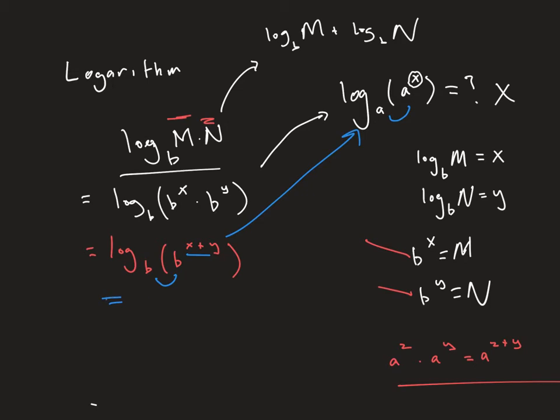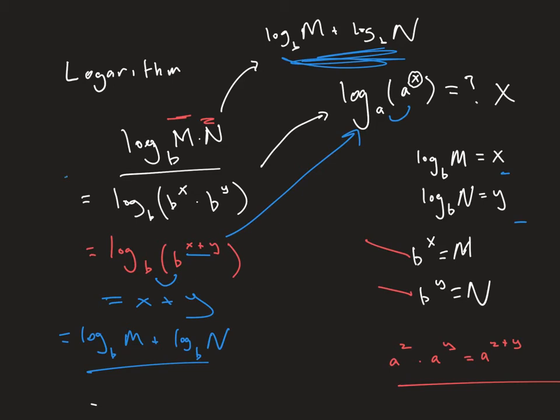So that just simplifies to x plus y. Well, x plus y equals log base b of m plus log base b of n. So we proved it. We said log b of m times n equals log b of m plus log b of n, just like we said at the very top. So that's our proof for that.